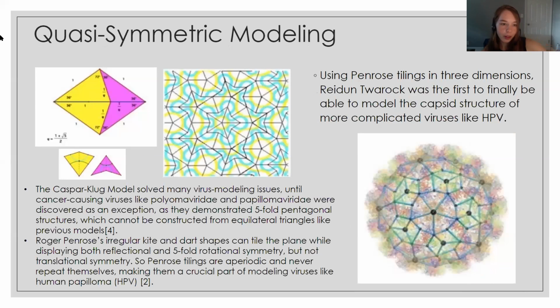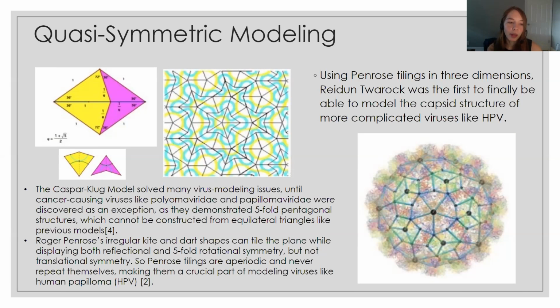Okay, Andrew. Thanks. So the Caspar and Klug model solved many virus modeling issues. However, there are a number of viruses, such as certain cancer-causing viruses, that were unable to be described by it because they demonstrated five-fold pentagonal structures, which can't be constructed from equilateral triangles like in the previous models.